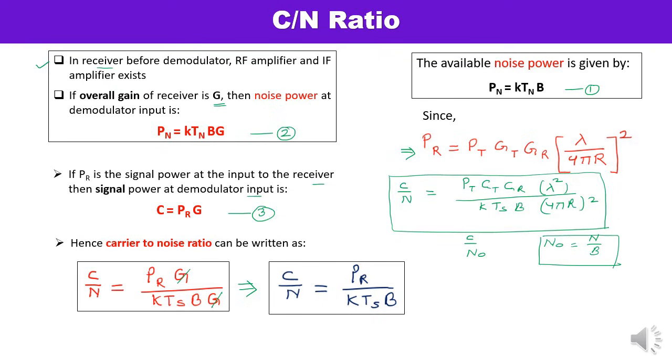So from here you can write down the formula and calculate the value of C by N naught, which is nothing but PT, GT, GR lambda upon 4 pi r, its whole square upon K into TS, because N naught is N upon B. Similarly, if you need the equation in dBs, you can write it down. Just the multiplication will be converted into addition and division will be converted into subtraction.